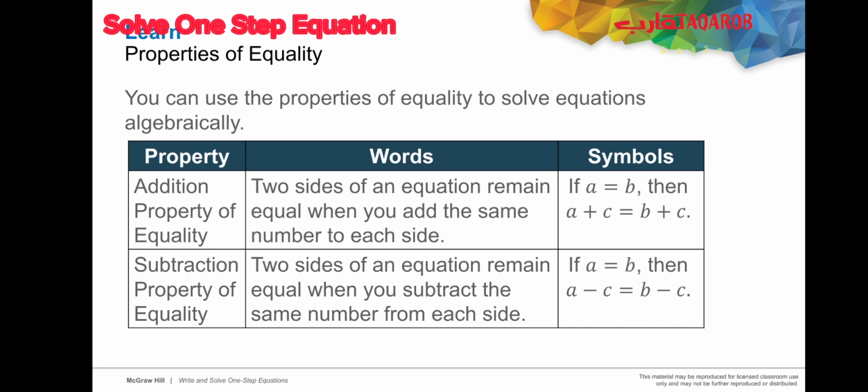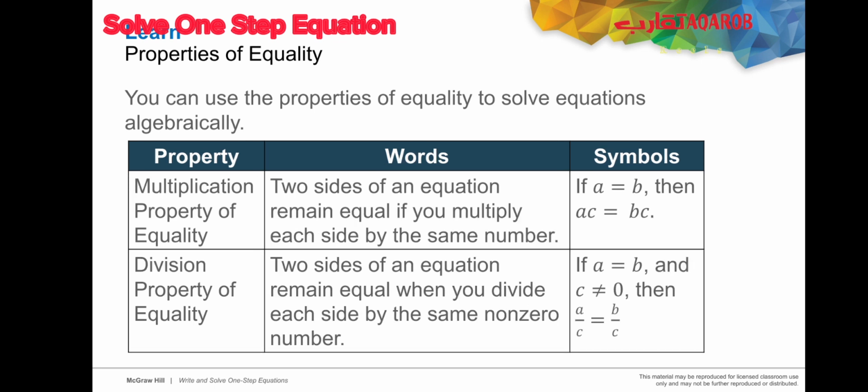Two sides of an equation remain equal when you subtract the same number from each side. If A is equal to B, subtracting C from both sides will not change the equality.